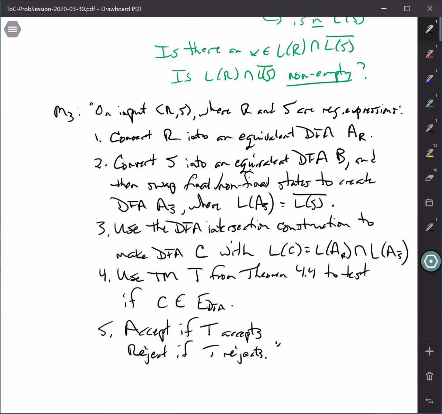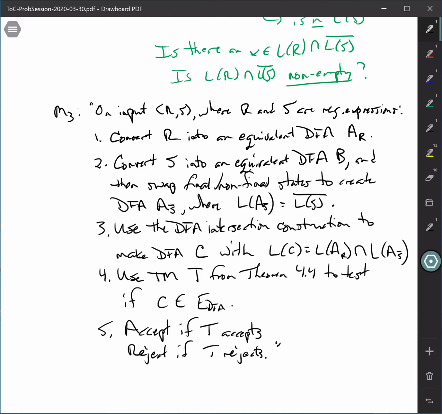If we had actually created an L of A sub S instead of an L of A sub S bar, then anything outside of L of A sub S and inside L of A sub R would make this intersection that we did non-empty, right? So again, that's a counterexample.